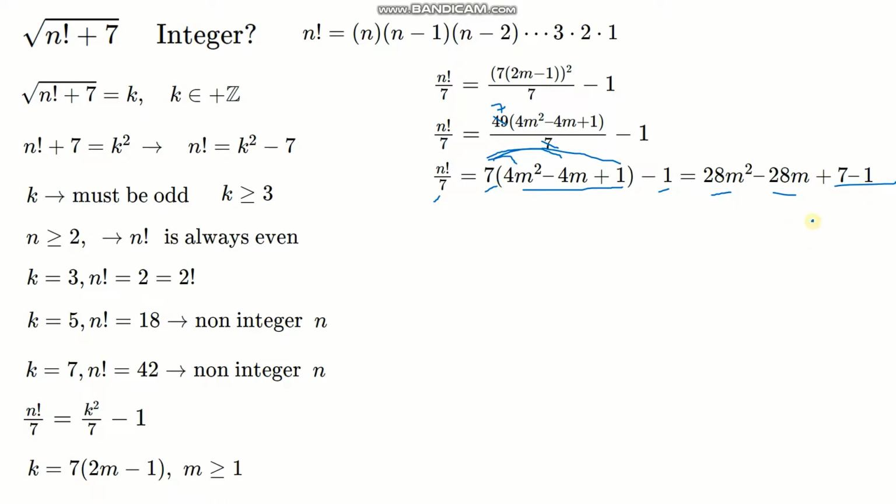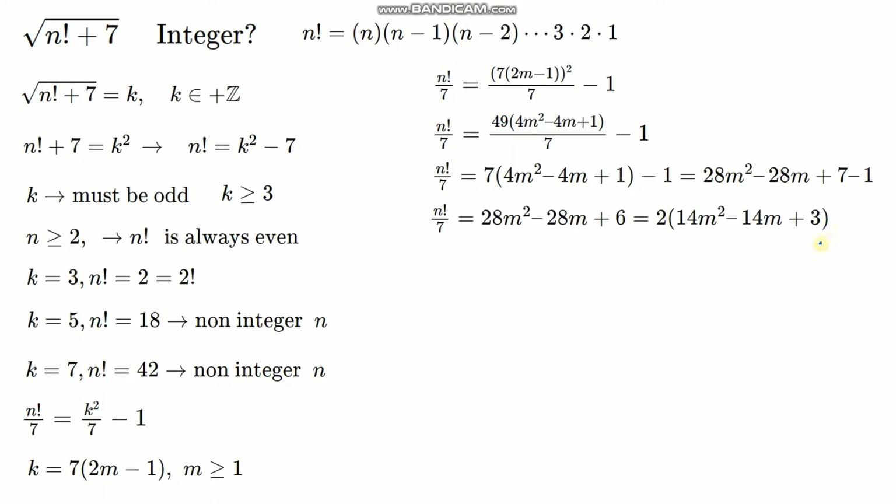Now n factorial over 7 equals 28m squared minus 28m plus 7 minus 1, which is 6, and we factor out 2, becoming 2 times 14m squared minus 14m plus 3.